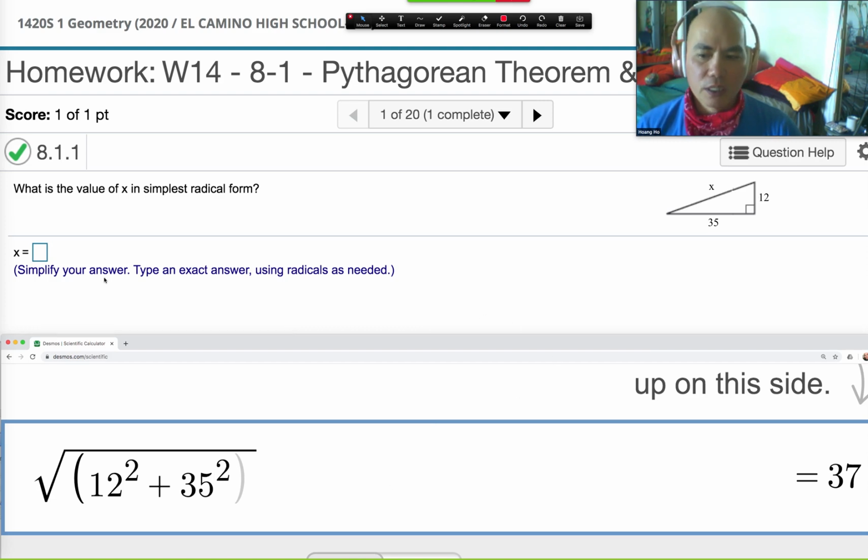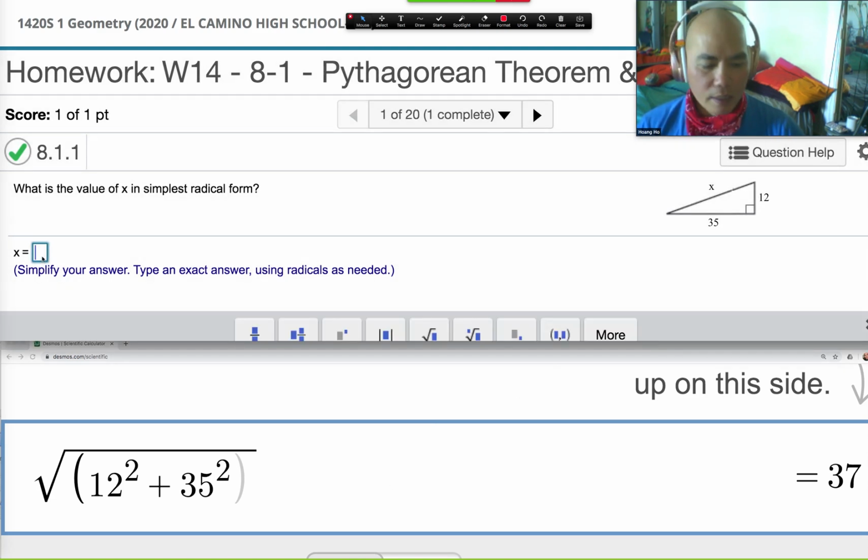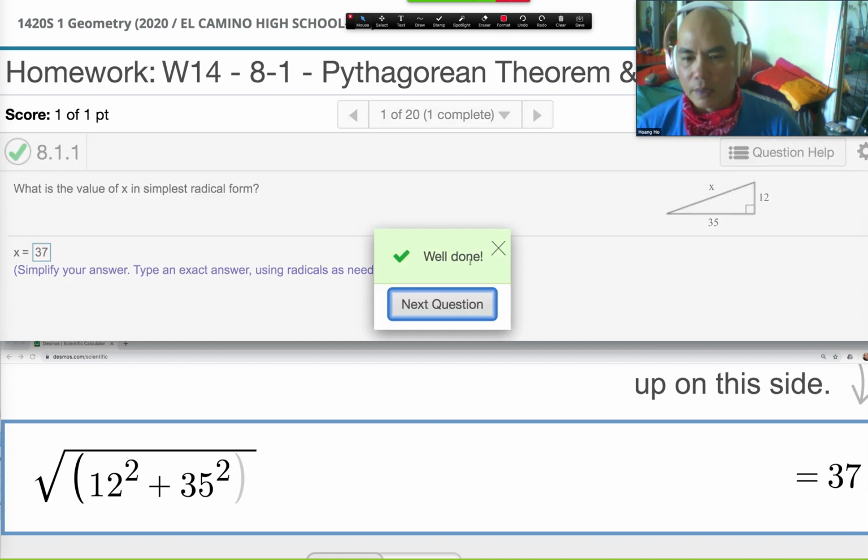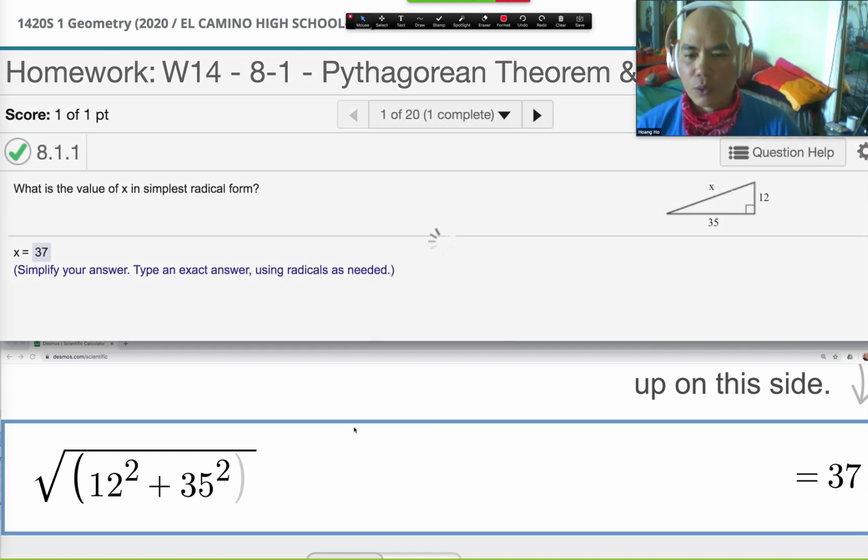So the answer is 37. I just love the decimal calculator because you can go back and revise or edit the variable. Let's move on to the next question.